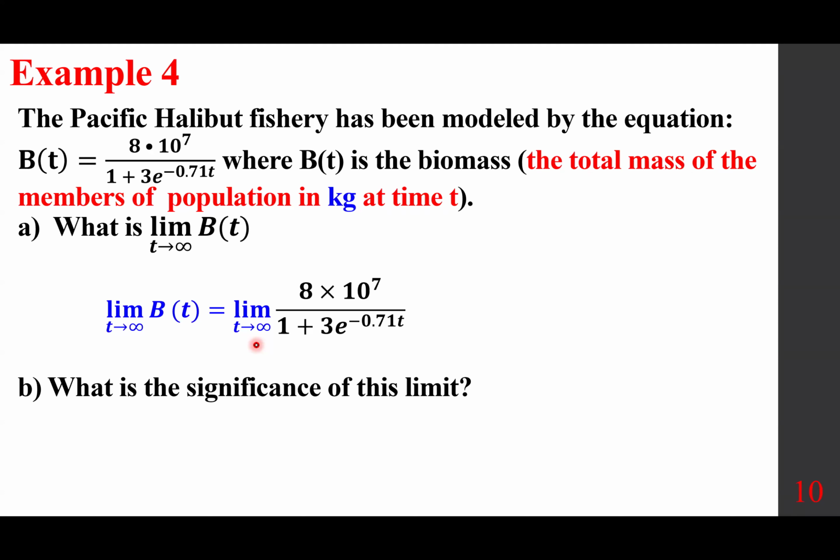Excellent. And here's what happens, everybody. You apply t approaching infinity, and this becomes 0. Why is this 0? Reminding you again, the negative exponent rule says a to the power of minus m is 1 over a to the power of m. Therefore, e to the power of negative t is 1 over e to the power of t.